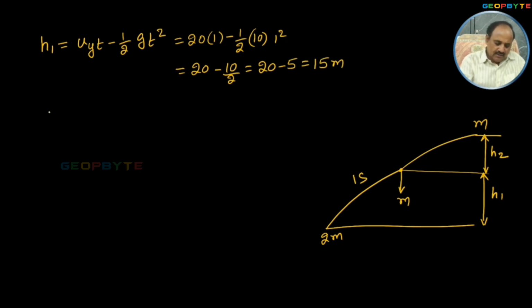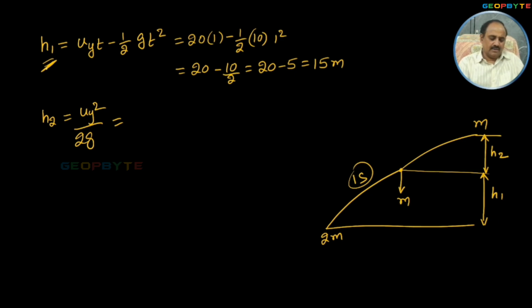Okay. Then the other vertical distance h2 equal to uy squared by 2g. Up to explosion we know the time, that's why we have taken the displacement formula in terms of time. But what time it takes to travel the distance h2, we do not know. That's why I'm taking this formula. Uy squared equal to what? Uy 20, 20 squared divided by 2 into 10.